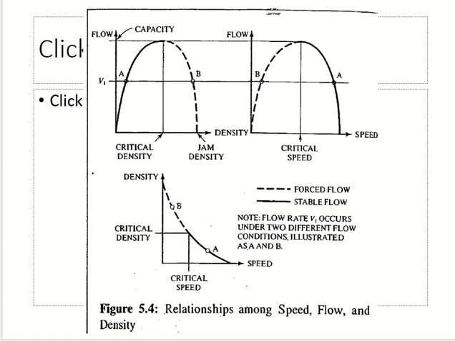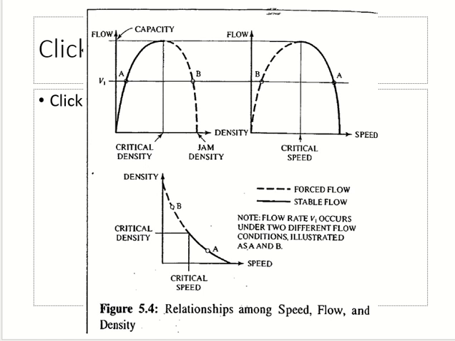What is 0? Flow is 0. Jam density is the maximum density. Okay? And when you reach jam, that means the flow is 0. Clear? Okay. Any questions?